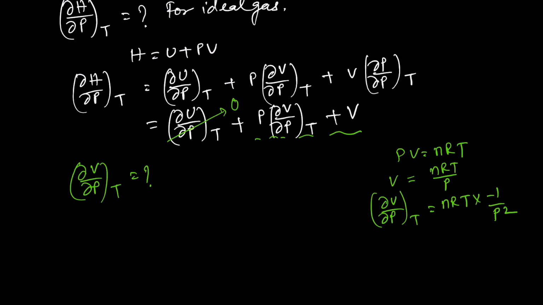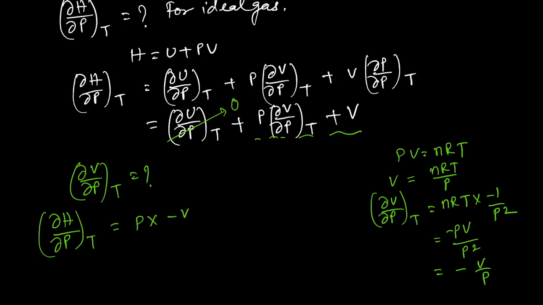And what is nRT? nRT is again PV, right. So, PV by P square, so minus V by P. So, del H by del P T is equal to P into minus V by P plus V, which is giving me minus V plus V, 0. So, which means that for an ideal gas, the Joule-Thomson coefficient is also going to be 0.